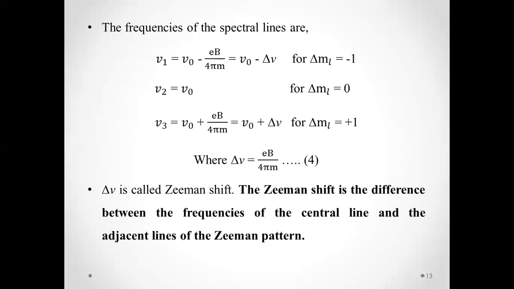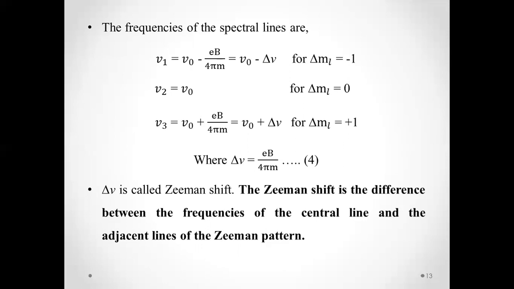Here, delta mu is equal to eB divided by 4 pi m, which we can write as equation number 4. Here, delta mu is called the Zeeman shift.